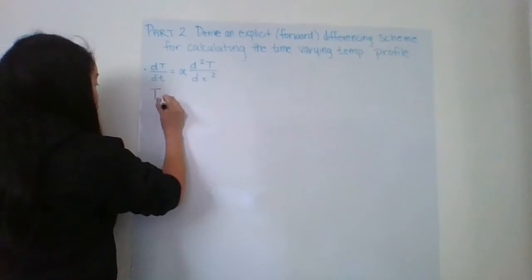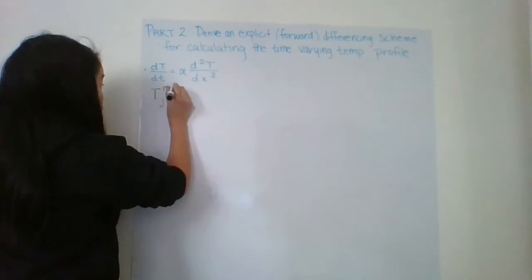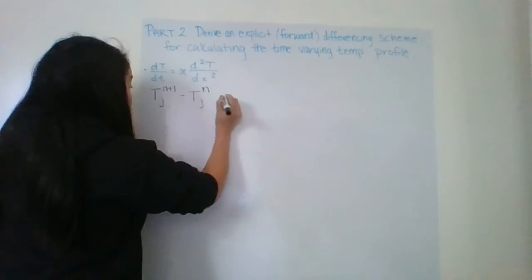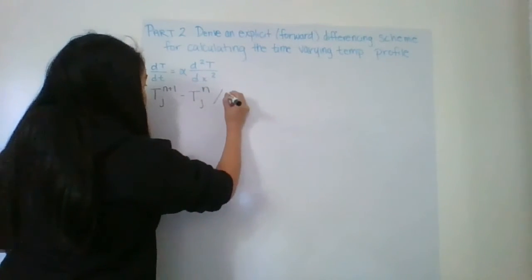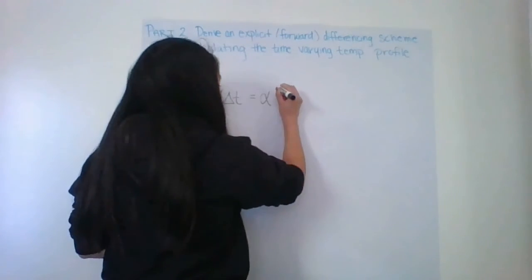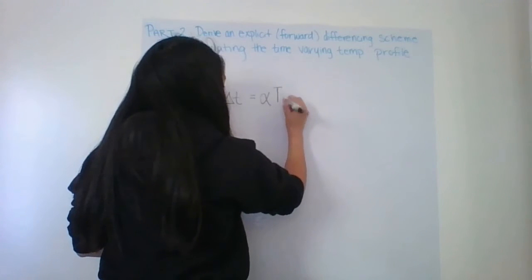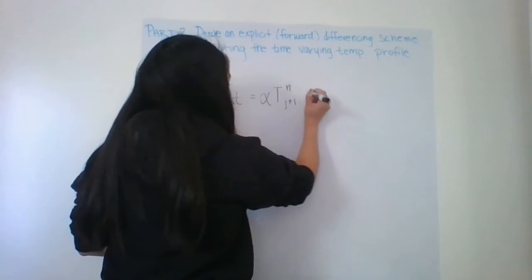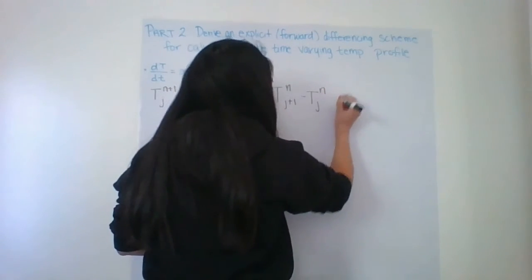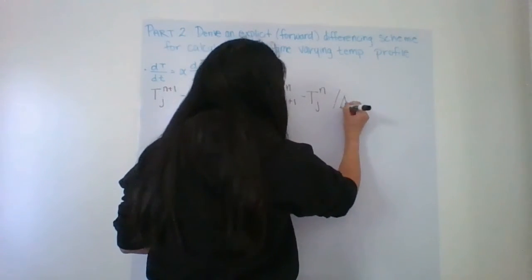T at position j at n plus 1 minus T at position j at n divided by delta t equals alpha times T at position j plus 1 at n minus T at position j at n divided by delta x.